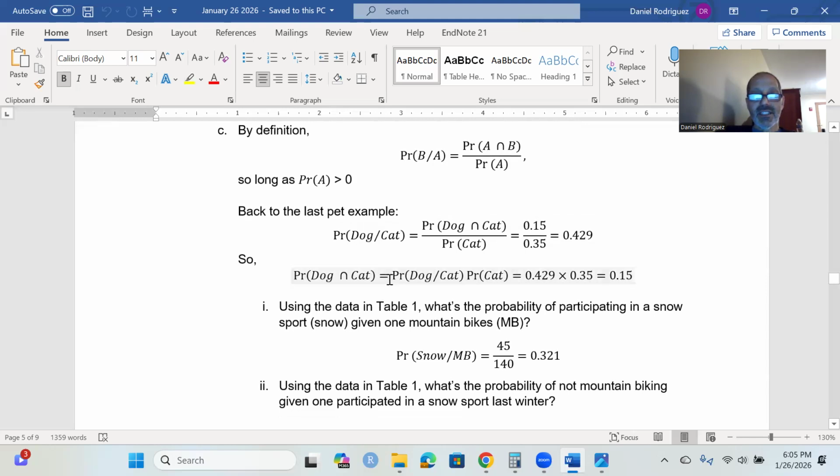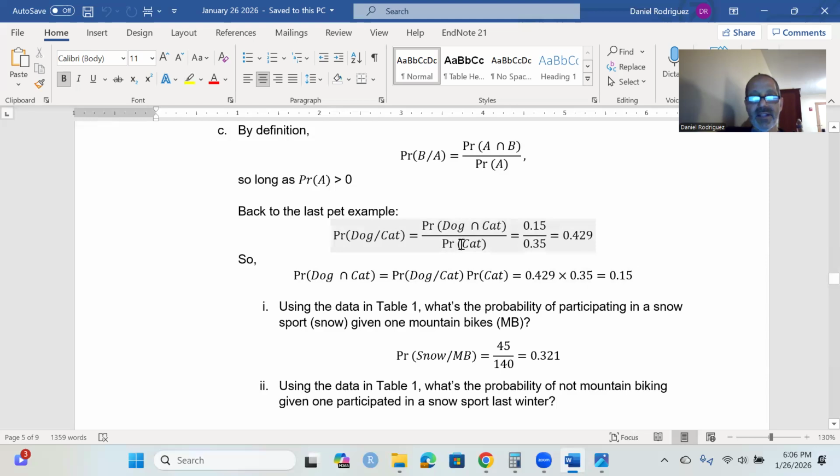And we can trace back to where we were before. We can get the probability of owning a dog and a cat just by doing a little algebra. In this case, I want to isolate the probability of dog ownership and cat ownership, so I would multiply both sides by the probability of cat ownership.